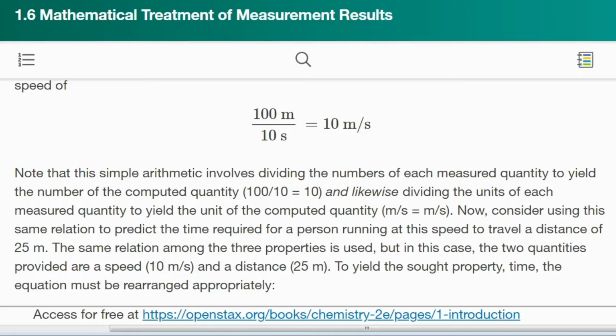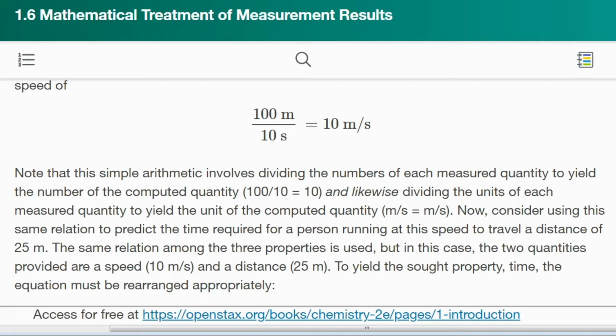And likewise dividing the units of each measured quantity to yield the unit of the compound quantity. That is, meters per second equals meters per second, or meters divided by seconds equals meters per second.